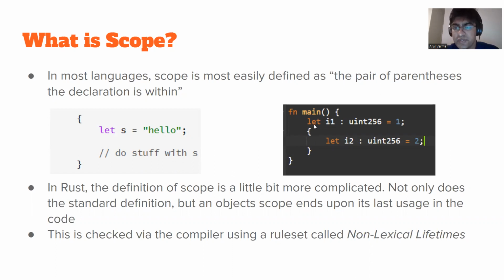But i1 can be used throughout the main function. I can print inside here and outside here, but i2 can only be printed, accessed, or edited within these inner curly braces.